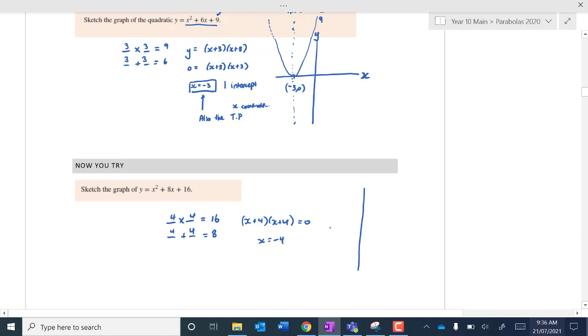Those ones are pretty easy to sketch because there's only one x-intercept, and it also happens to be the turning point. There's our turning point, there's our x-intercept, it only touches once, and of course it goes through the point y = 16.